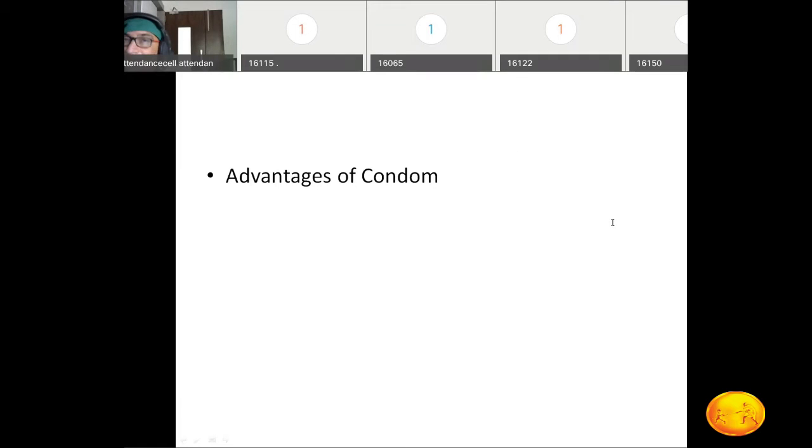What is the antibiotic of choice? Metronidazole, correct? Yes, the antibiotic will work, but we have to prevent its recurrence also. And that's why we ask the couple to use a barrier method till it gets treated completely.